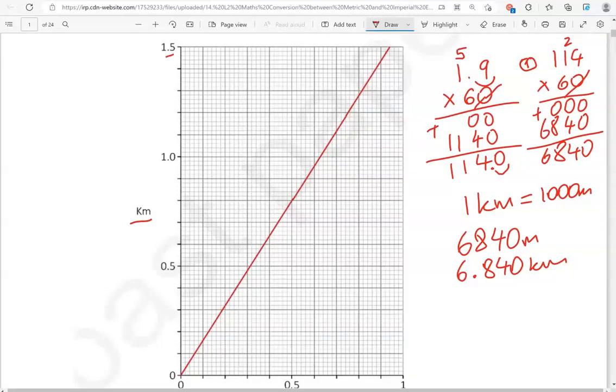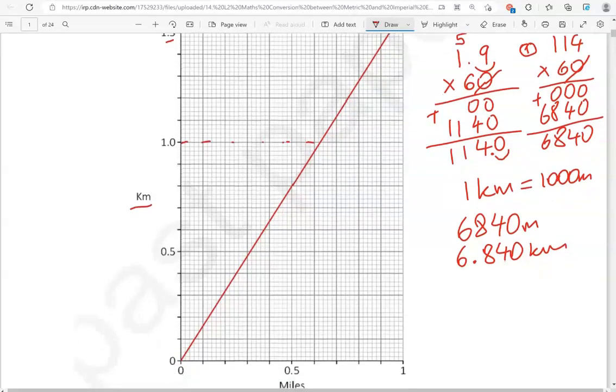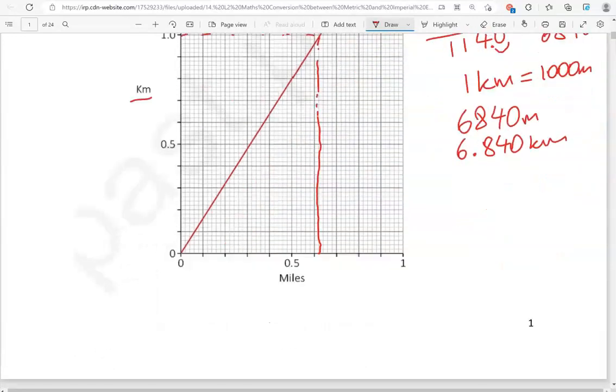So if we work out what 1 kilometer is equal to in miles, then we can use that ratio to help us with the 6.84 kilometers. So 1 kilometer, that is about 0.6 miles.